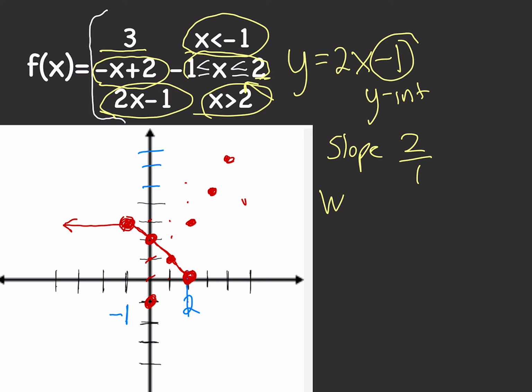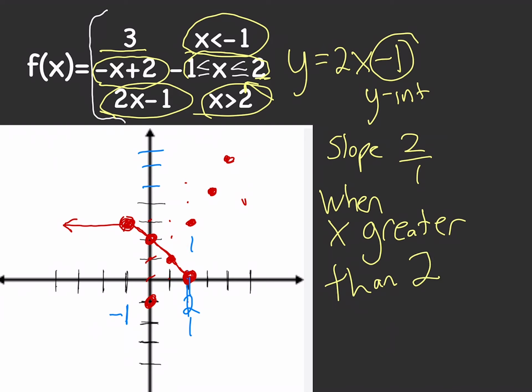I'm going to put the 2 there, so when x is greater than 2. And then I'll put that blue line there so I'll know where that blue line intersects that red line from the equation I'm doing right now. That's where I'm going to start it.